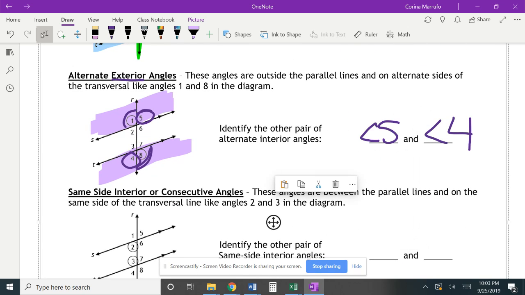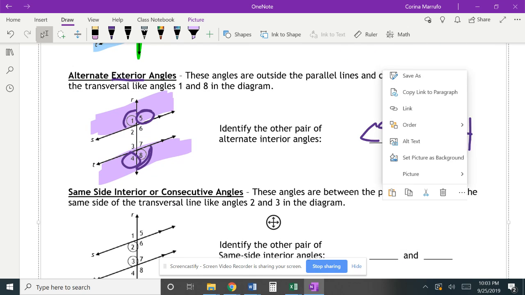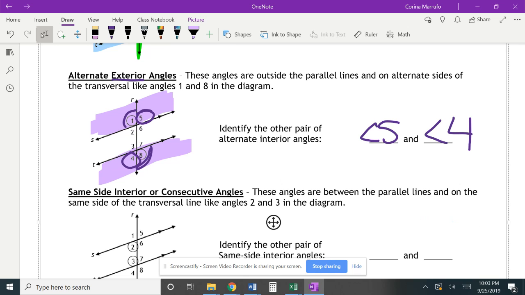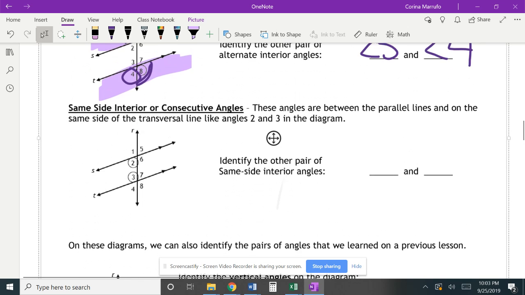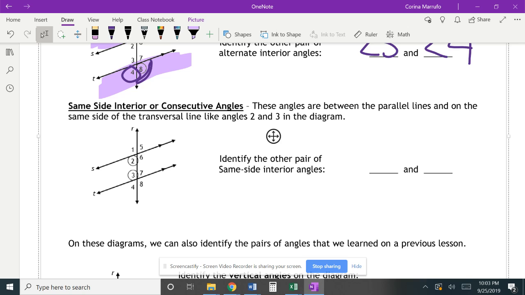All right, the next one, same side interior, or they are also known as consecutive angles. Here it says these angles are between the parallel lines because they are interior, and they are on the same side of the transversal. So that's why it's same side interior.